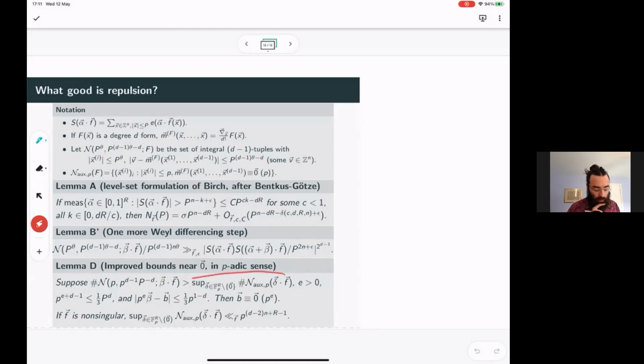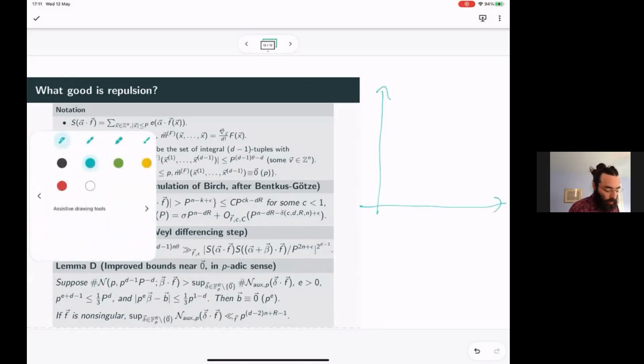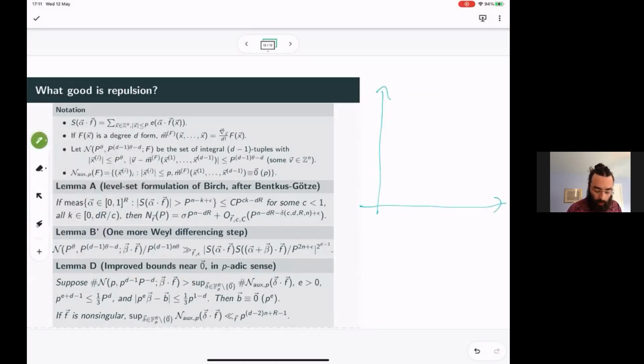And here is the p-adic repulsion lemma. And the idea, the way to use these together, is like this. What we're going to do is we're going to cover the unit hypercube. So we're going to consider neighborhoods, p-adic neighborhoods of the origin, like I described before.